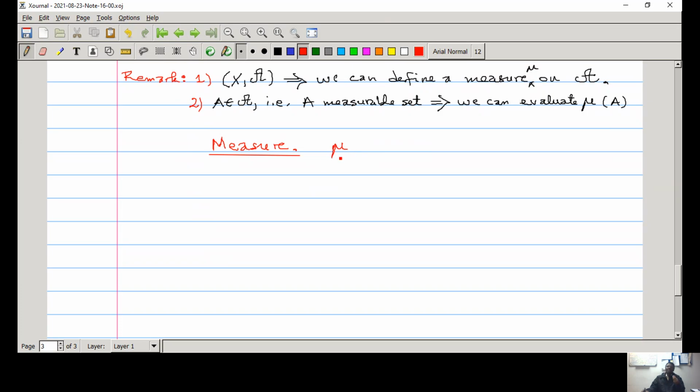Obviously, it's not only mu. After mu, the next letter is nu, right? Mu is M and N is nu, like this. So you have mu, you have nu, that can also be used as a measure, but you will not see F used as a measure. It's not in the jargon of measure theory.